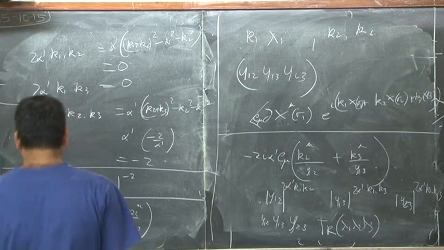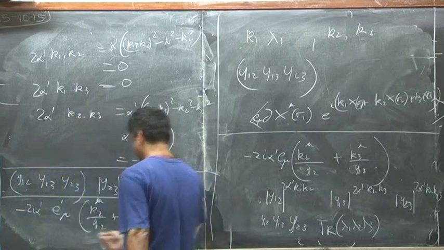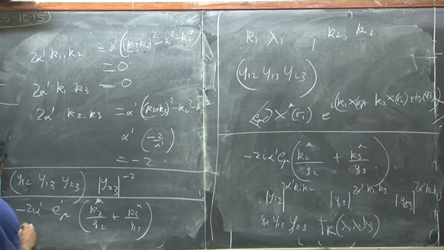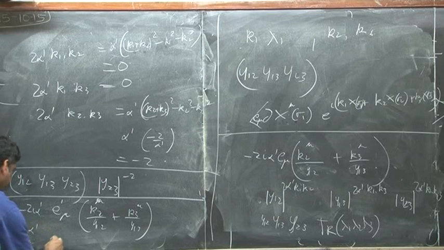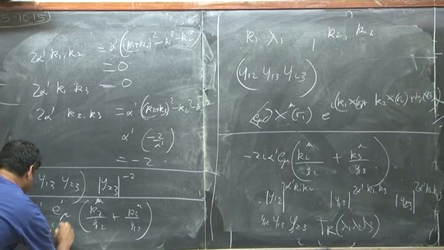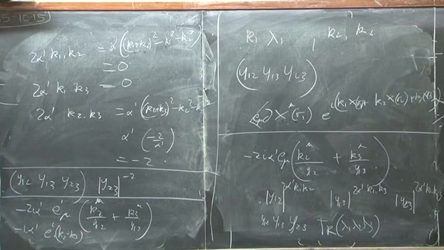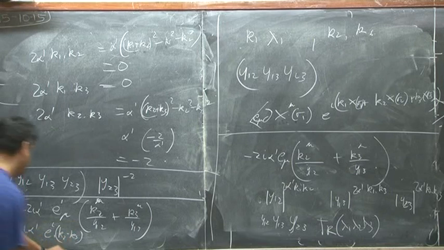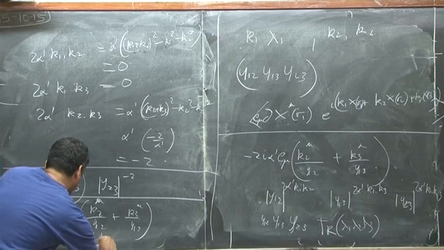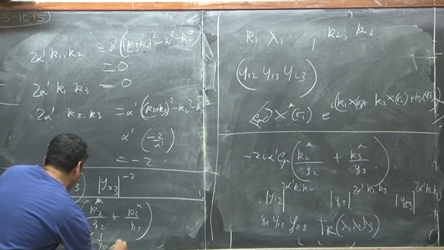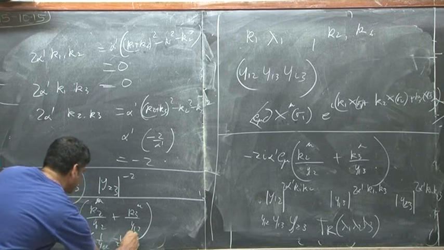We can write this as minus i alpha prime E1 dot K2 minus K3, just to be democratic between 2 and 3, times 1 over y12 minus 1 over y13.